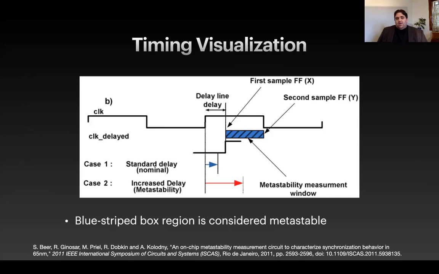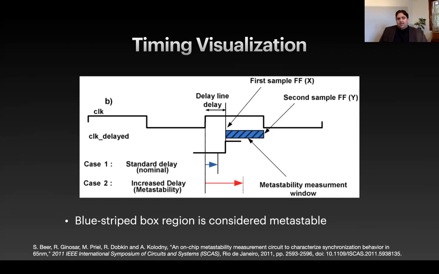And the authors are arguing if it hasn't resolved before that region, then it's in metastability, and we're going to count that per the XOR mechanism I just described. We're going to say that's metastable, and we're going to count that as a hit.